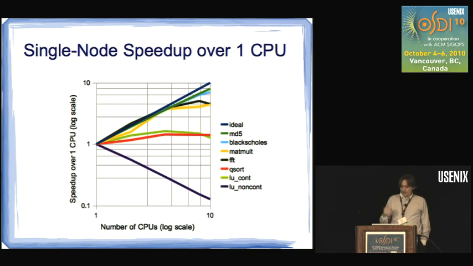So if we look at some simple compute-oriented benchmarks that we ran, this is on a log-log scale, a standard speed-up graph. We see that some benchmarks scale quite well under Determinator, others really don't, especially the much more fine-grained LU benchmark.